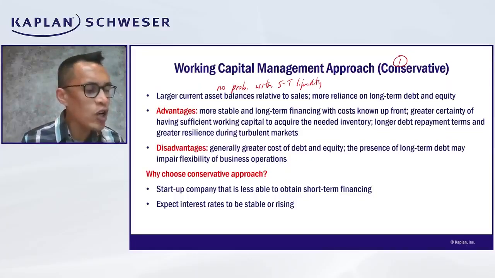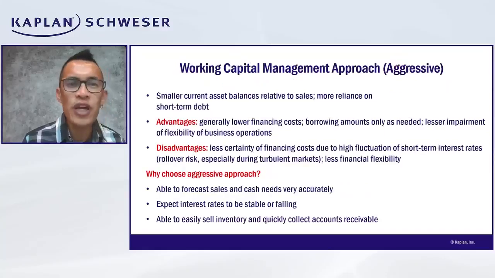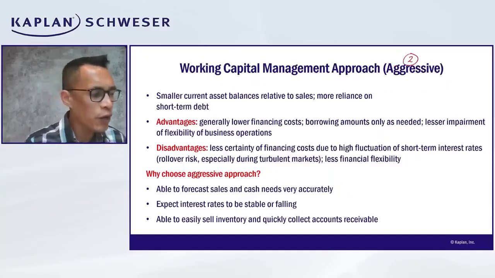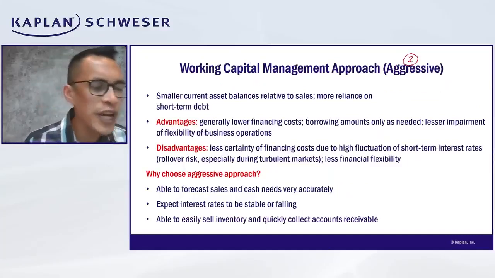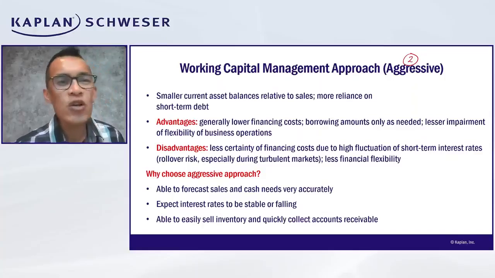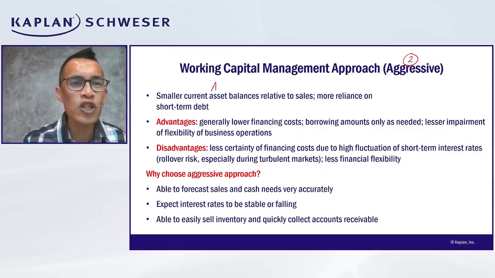Now let's contrast this to the aggressive approach. Okay, so I'll just label that number 2 here. So the aggressive approach is, as I sort of indicated earlier, there's a huge desire to avoid cash drag.